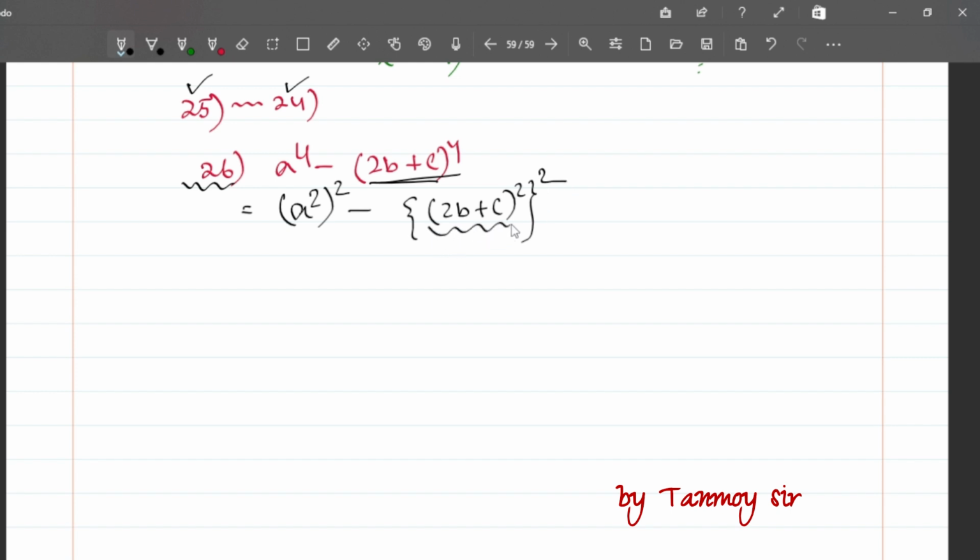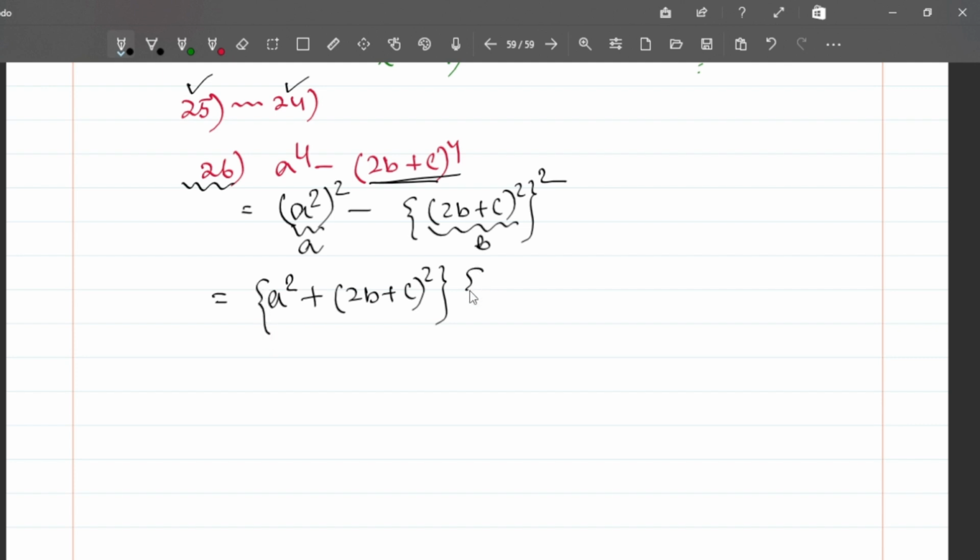So this is your b and a square is your a. So expand with the formula a plus b, multiplied with a square minus 2b plus c whole square.